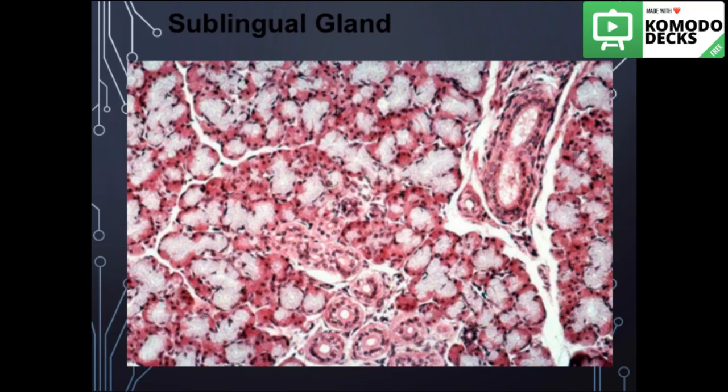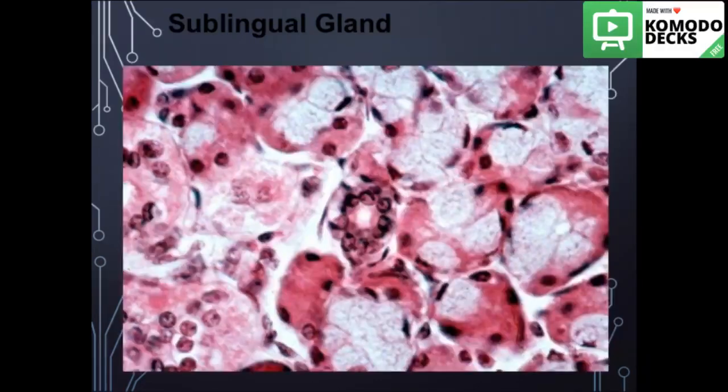This is a section of the sublingual major gland, penetrating striated ducts and the bigger collecting ducts. Remember that the intercalated system is very poorly developed in this predominantly mucus secretion.